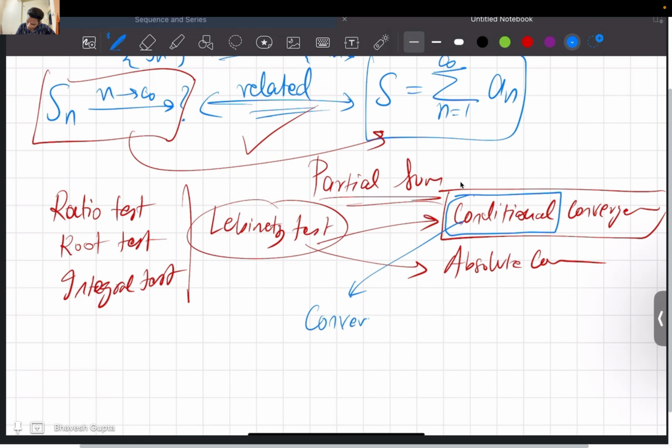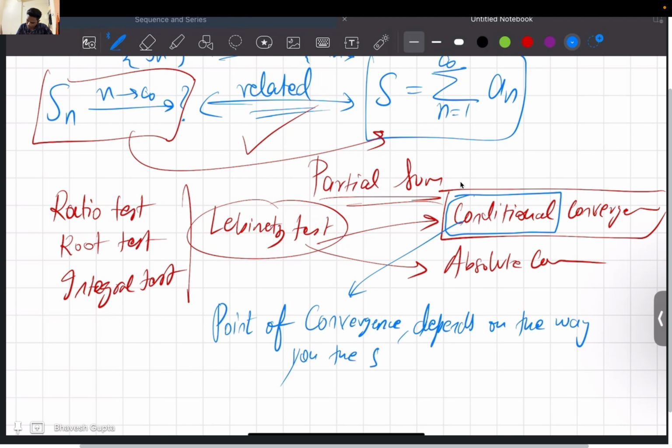The point of convergence depends on the way you treat the series, let's say sequence. I'm using series and sequence as synonyms because you can always convert them to each other. So that's the idea behind this conditional convergence.